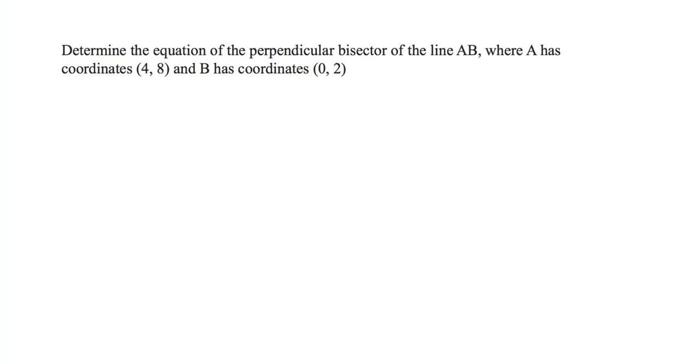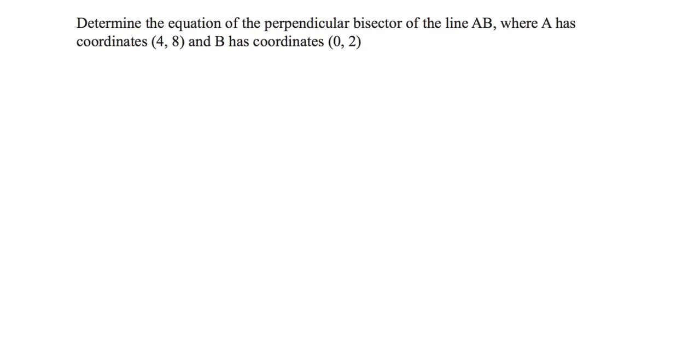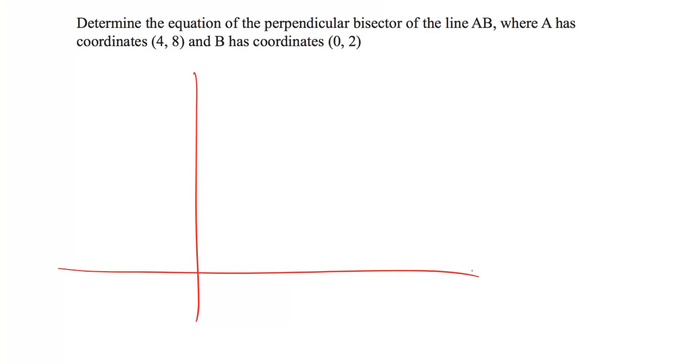Okay, so we've got this line AB, and A has a coordinate (4, 8), and B has a coordinate (0, 2). If I was going to draw this, let's imagine we've got some axes. Here's my x-axis, here's my y-axis. B would be on the y-axis, so there's B, that's (0, 2).